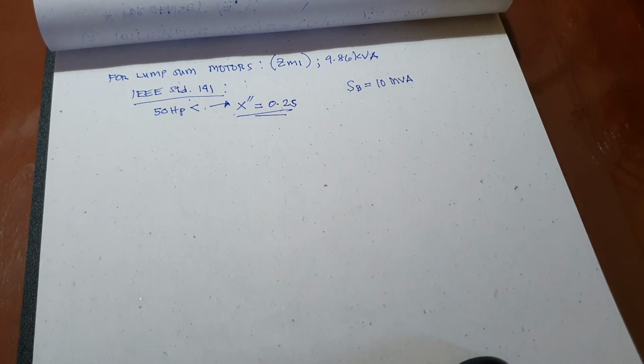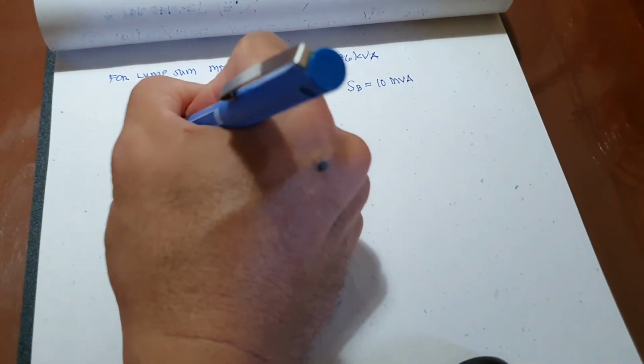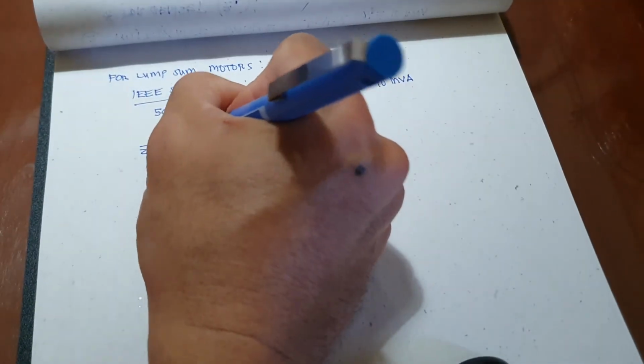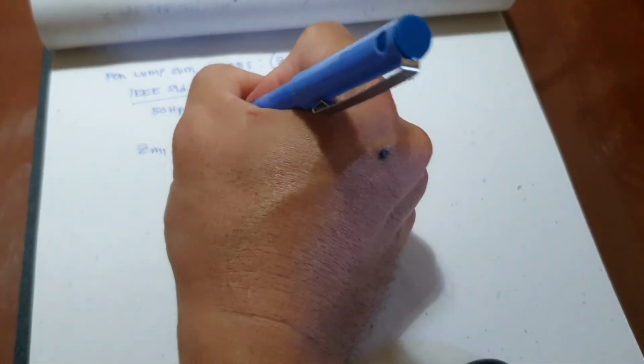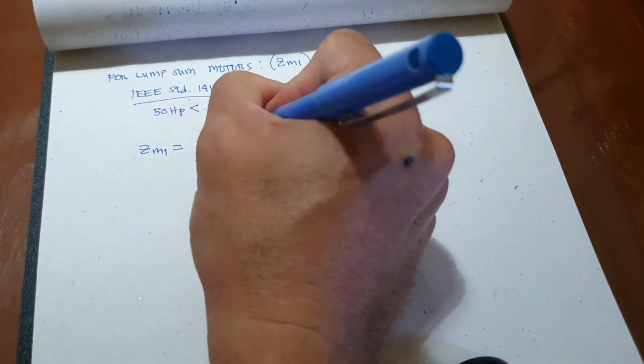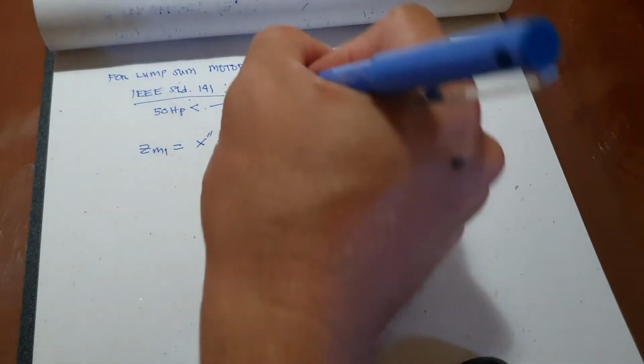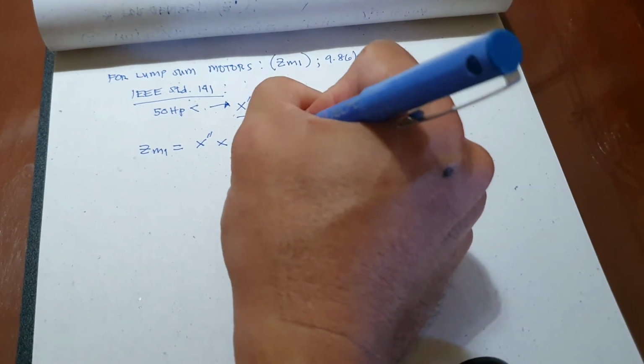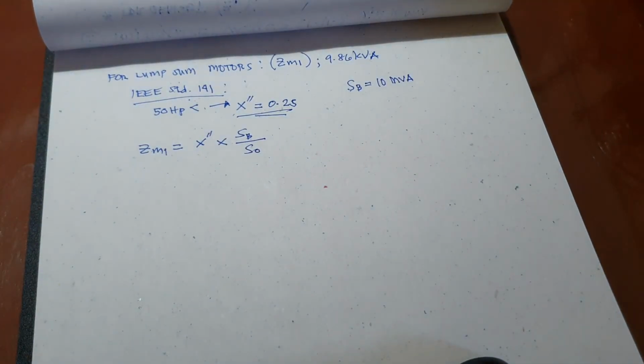Okay, so the ZM1 formula is equal to the 0.25 multiplied by SB over SO.